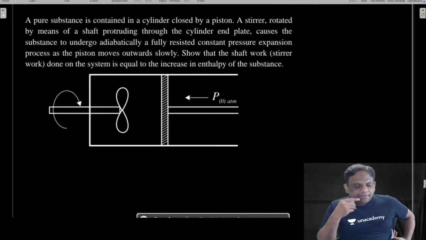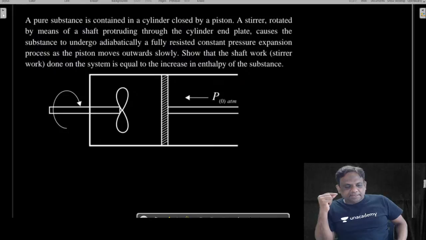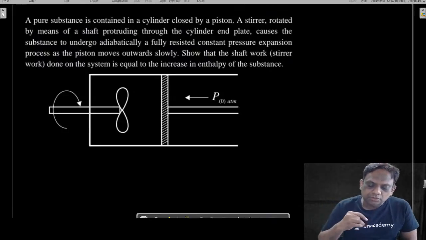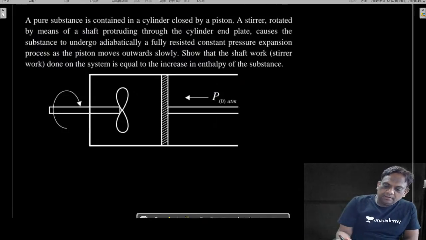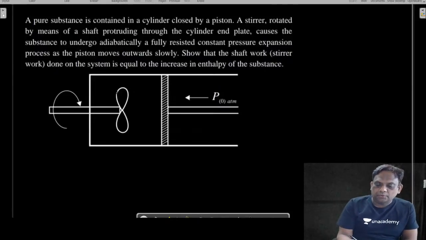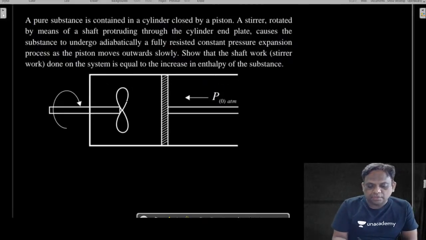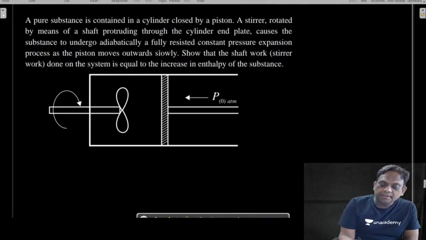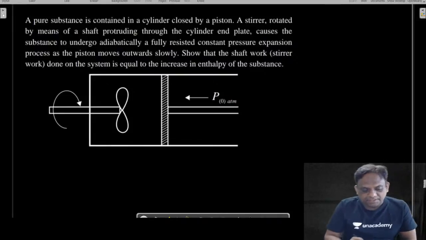Take this question. A pure substance is contained in a cylinder closed by a piston. A stirrer is rotated by means of a shaft protruding through the cylinder end plate, causes the substance to undergo adiabatically a fully resisted constant pressure expansion process.